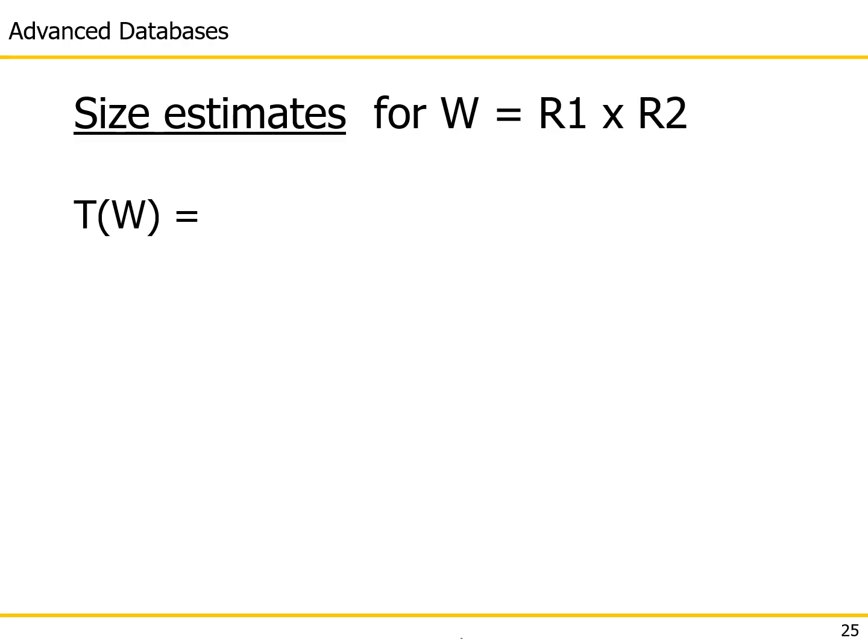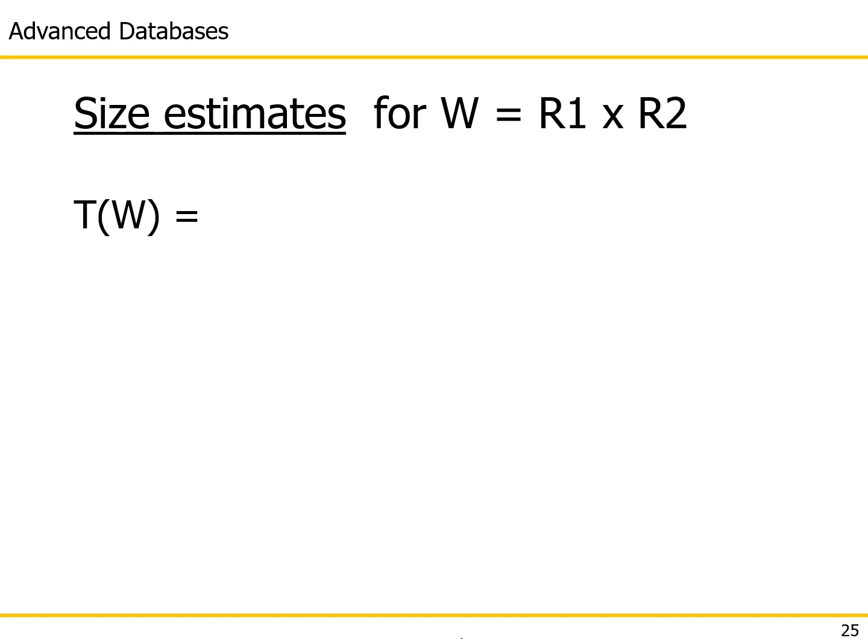So let's look at one where the estimate is actually the actual number. If I'm doing a cross product between 2 relations, R1 and R2, now remember, a cross product works like this. You're going to retrieve one row from R1 and pair it with all the rows in R2. And then you retrieve the second row in R1 and pair it with all the rows in R2. And this goes on.